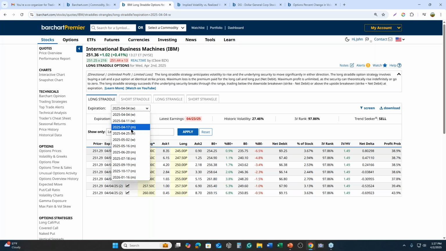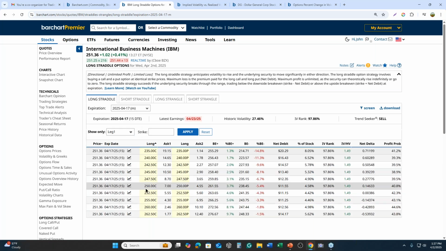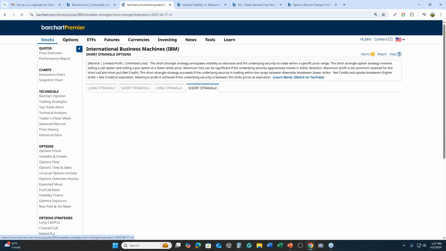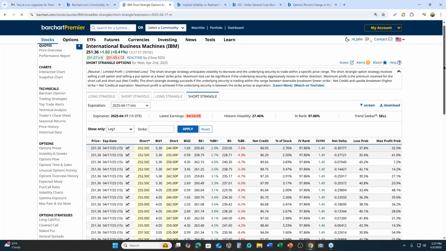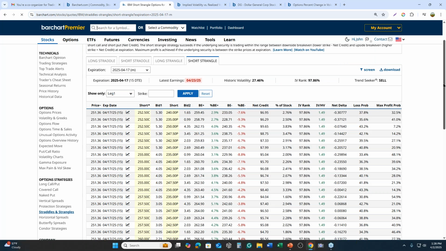This option is going to expire prior to the earnings event. So maybe this one is getting distorted on the anticipation of earnings, but this one is not going to be affected by earnings, is it? So let's go to that. And then again, let's think about our short strangle, somewhere between the 265 and 235.